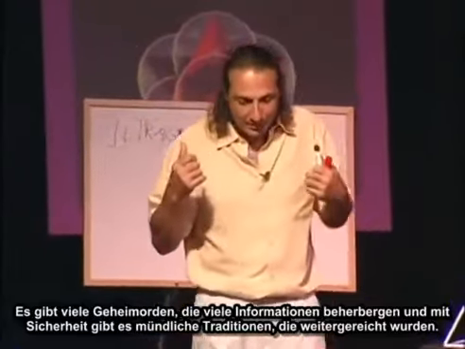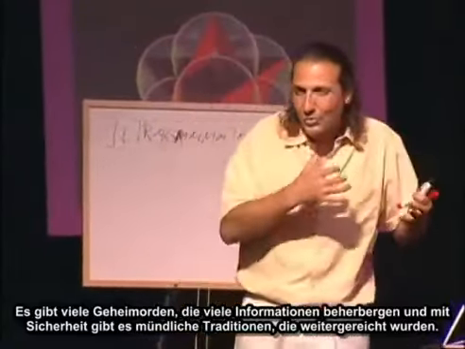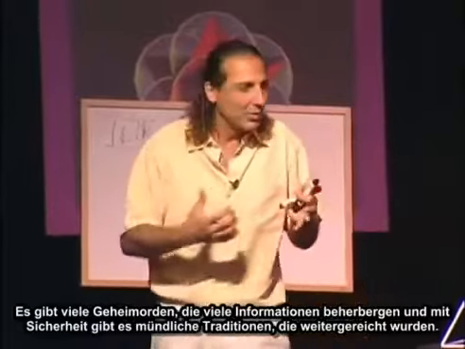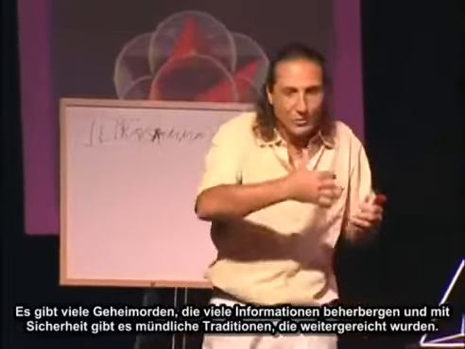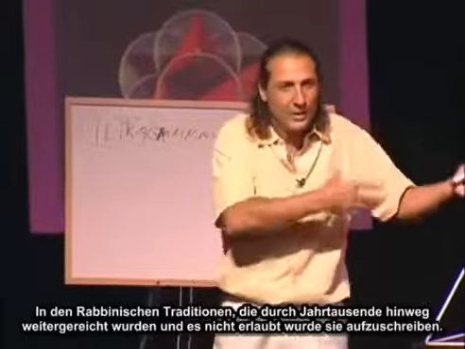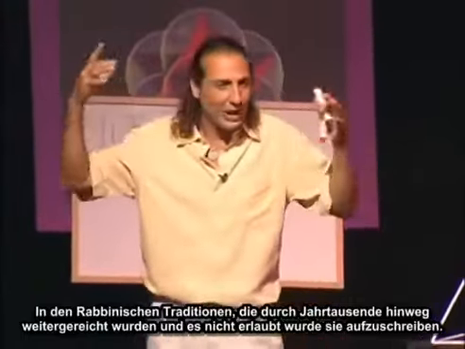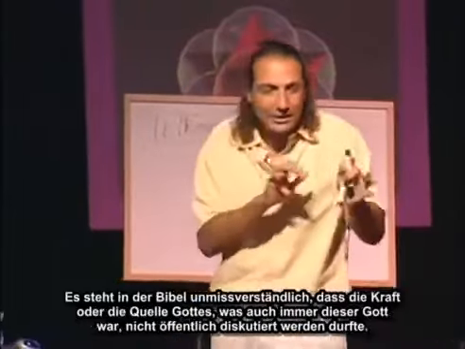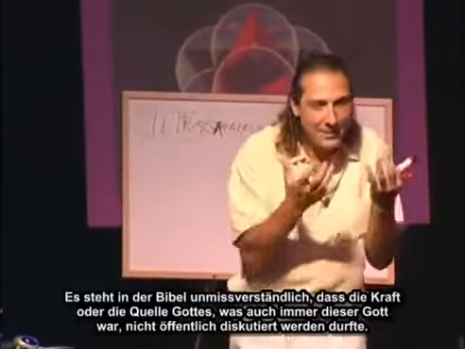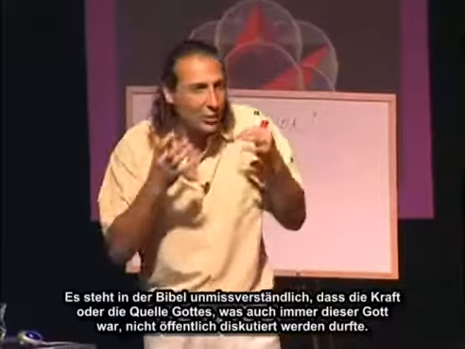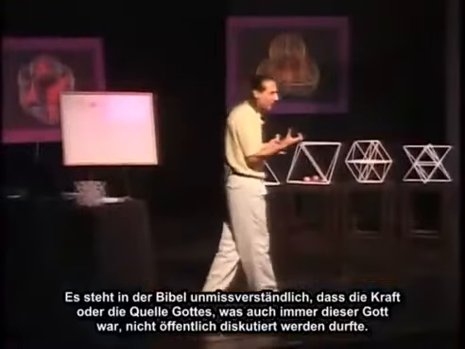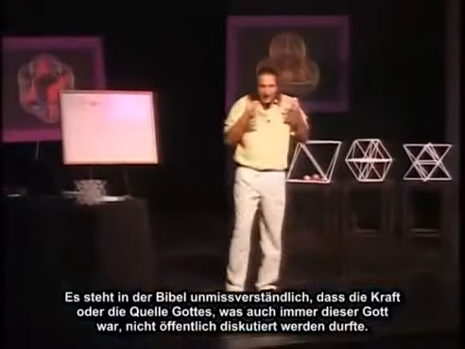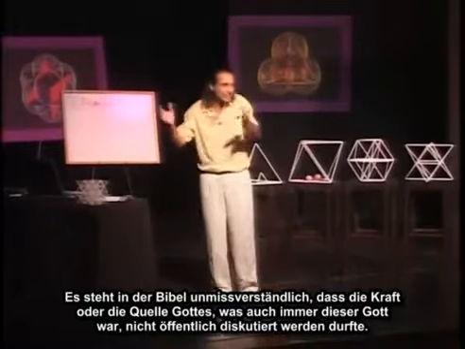One of them, and certainly there seemed to be an oral tradition that was passed in the rabbinic tradition from one to the other throughout the ages, that wasn't allowed to be written. It's very clear in the Bible that the name of God or the source of God, whatever this God was, was not allowed to be just discussed publicly.